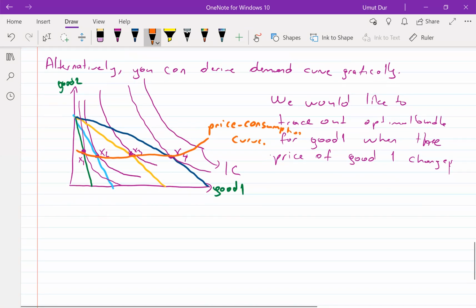And how does this relate to the demand function for good one?